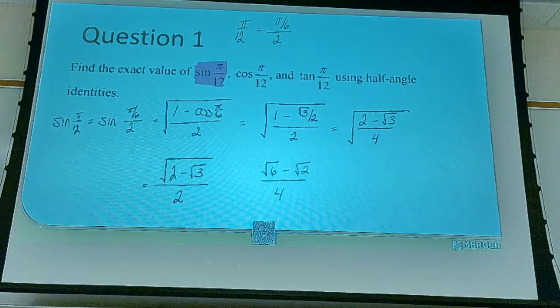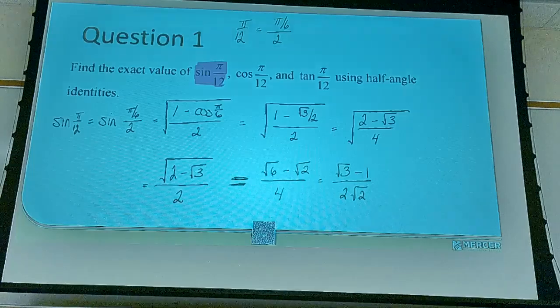Or square root of 3 minus 1 over 2 root 2, right? They're the same thing. Sine of pi over 12 can only have one value. That means they're actually the same number, just different forms.